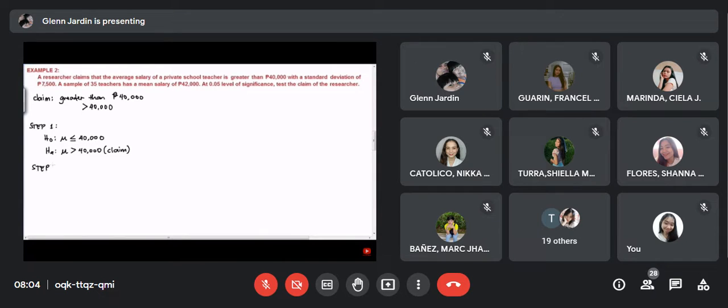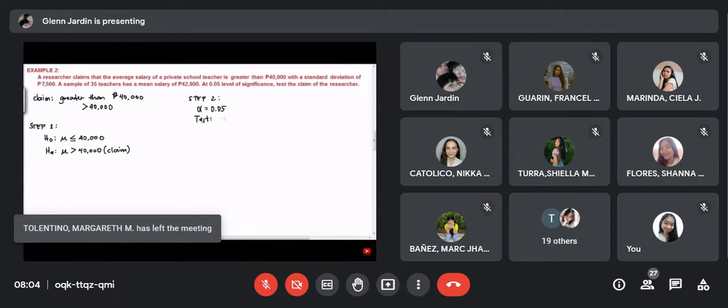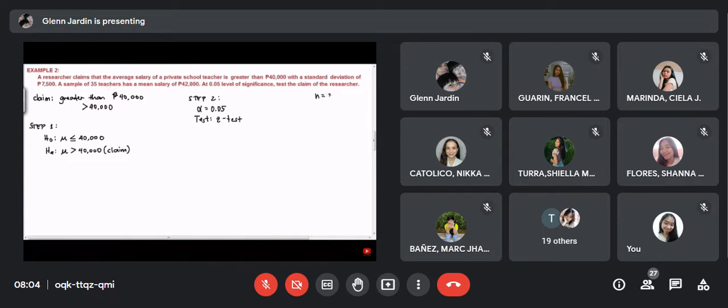Okay, next one is step 2, level of significance. Ang level of significance dito na pinapagamit is 0.05. And test to be used is z-test pa rin, kasi ang ating N dito, ang ating sample is 35 teachers.